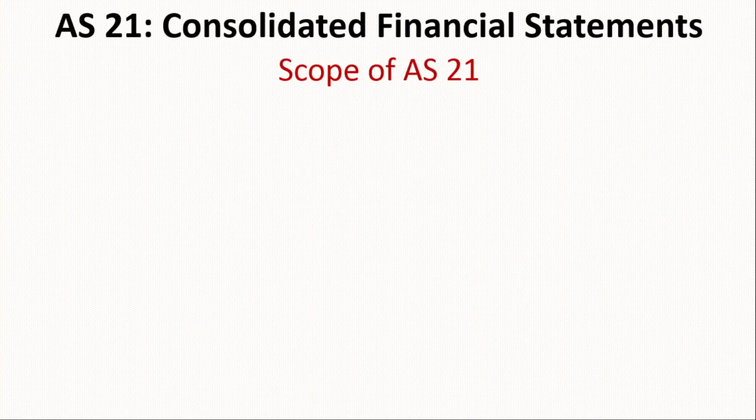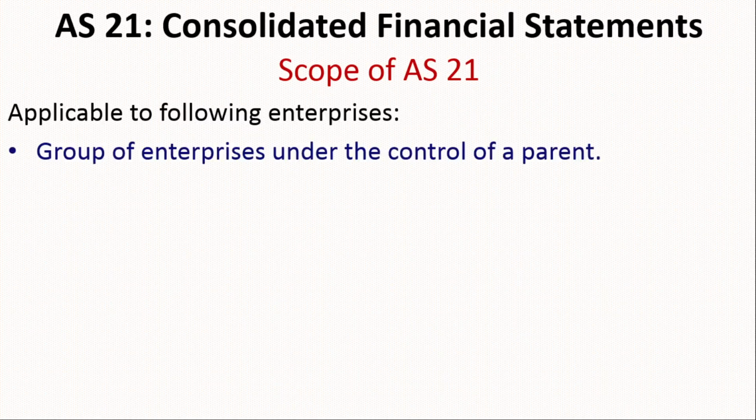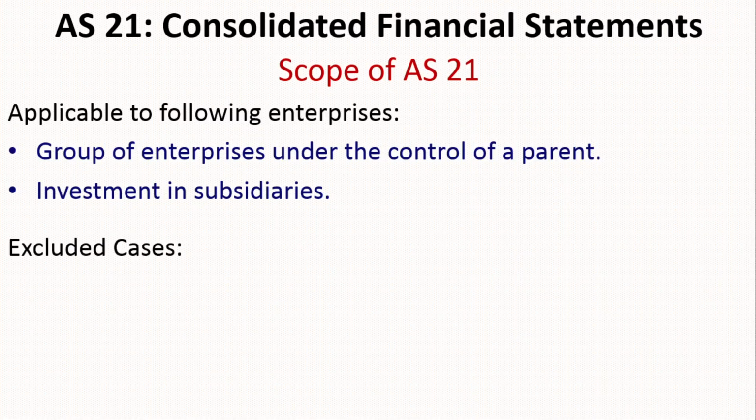Now the scope of AS21. Here you can see AS21 is applicable in the following cases. The first one is a group of enterprises under the control of a parent, and investment in subsidiaries. So these are the applicable cases, or we can say the scope.